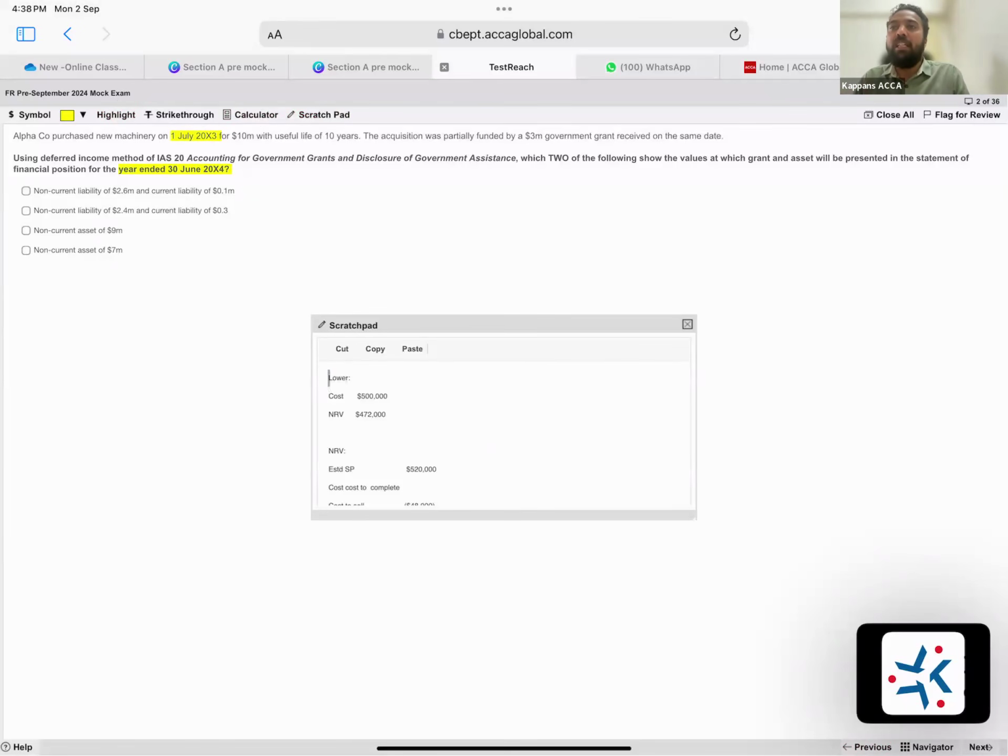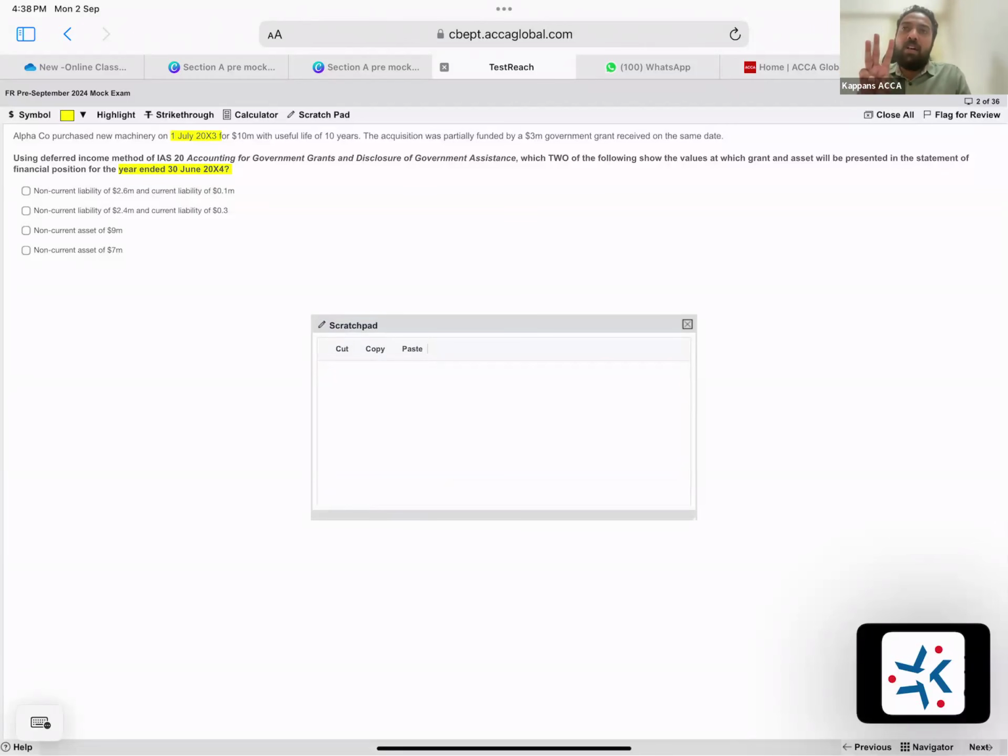So we have learned that in case of the deferred income method, the government grant received will be recognized as a deferred income. And every year, an amount based on the depreciation method will be recognized in the statement of P&L as income. The balance will be shown as deferred income, which is a liability in SOFP.